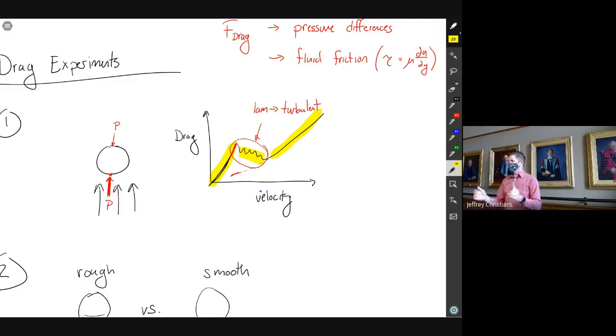Because only through that can we figure out how we can start to compare what's happening in our model system to what's happening in the real system.